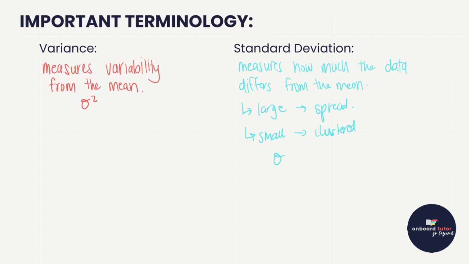Now, when your teacher first introduces these concepts to you, they will probably talk you through some very long ways to work out the variance, and then from there to take the square root of this to get the standard deviation. But the good news is that we can rely on our calculators to do this work for us.